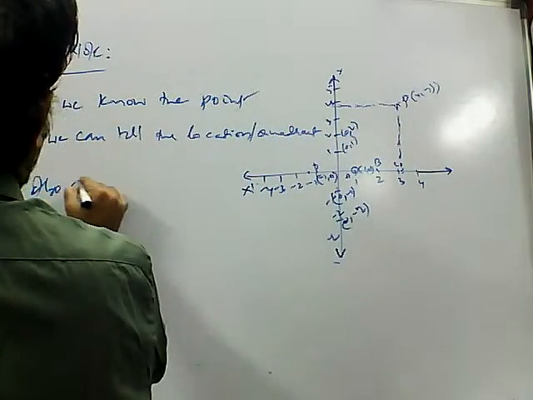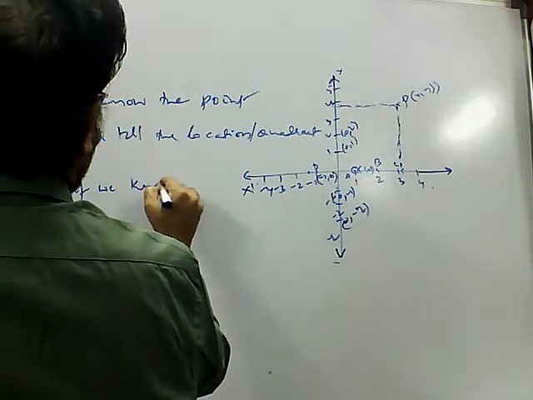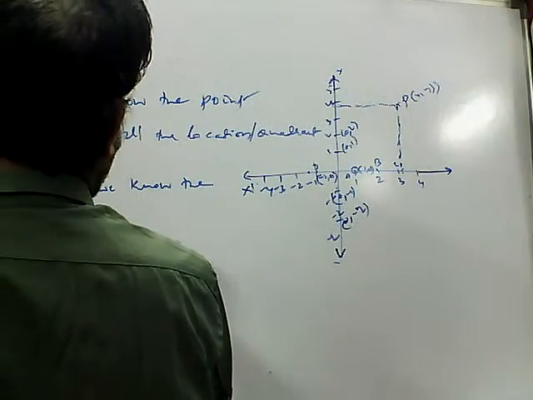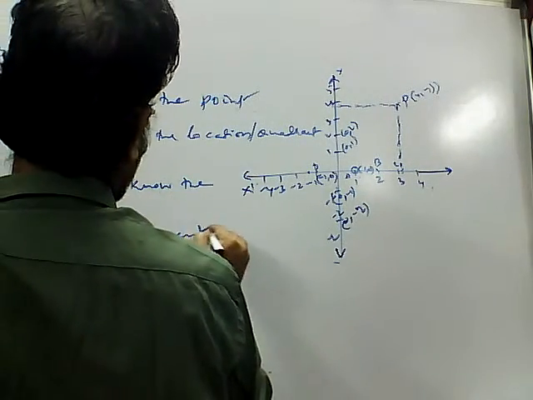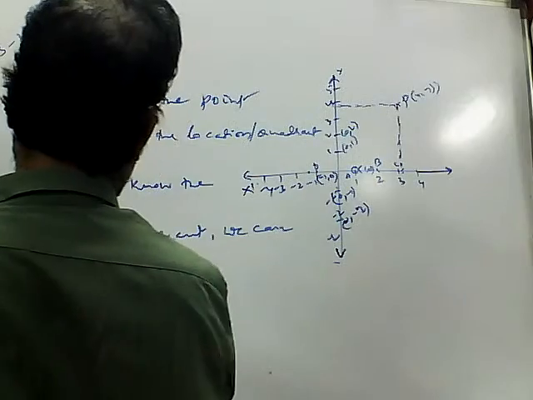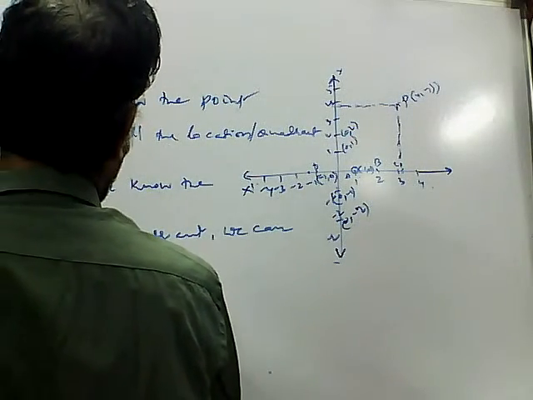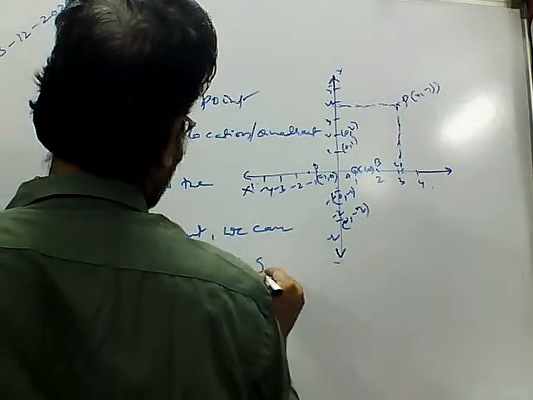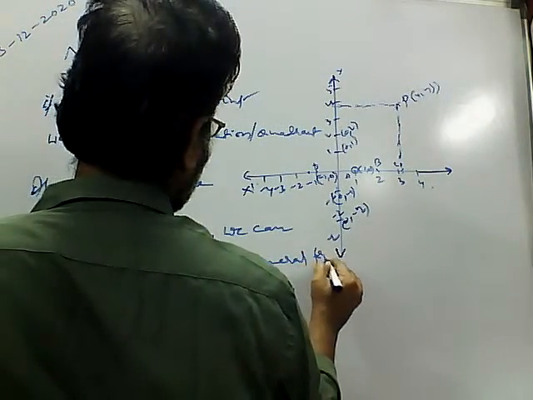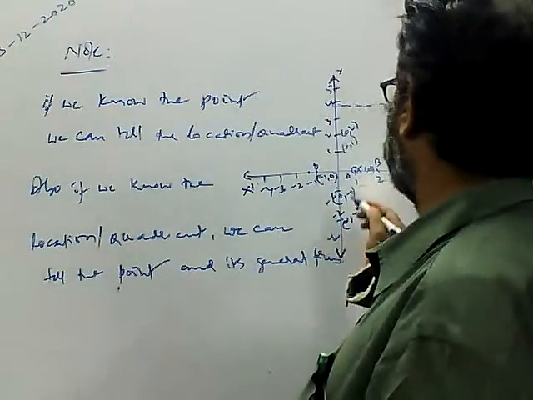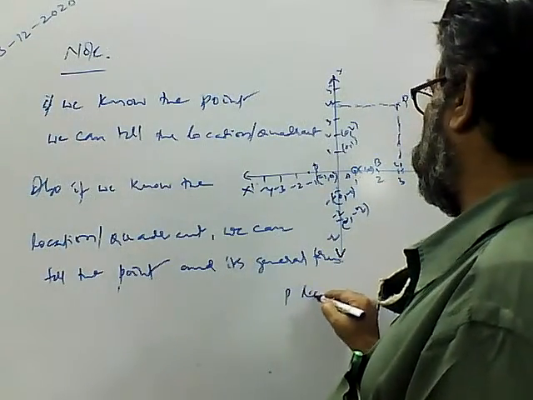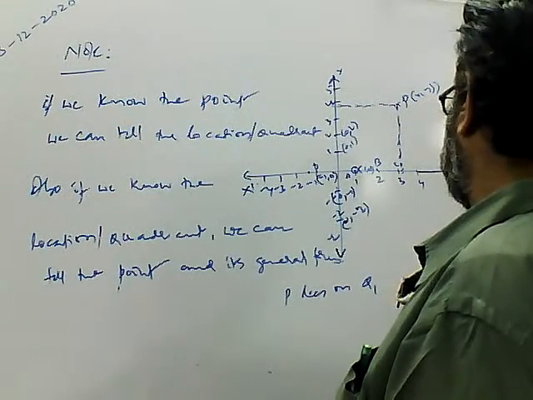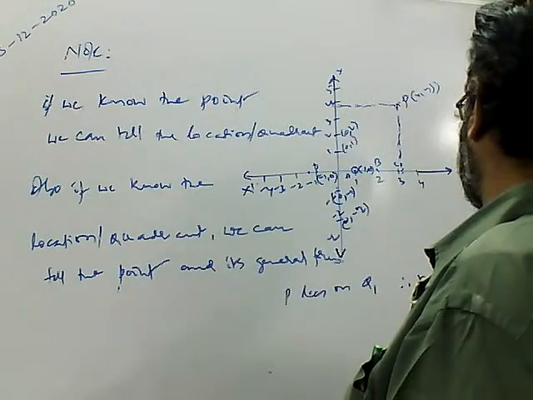Also, if we know the location or quadrant, we can tell the point and its general form. For example, if P lies in Q1, then P is equal to plus x comma plus y, right or not?